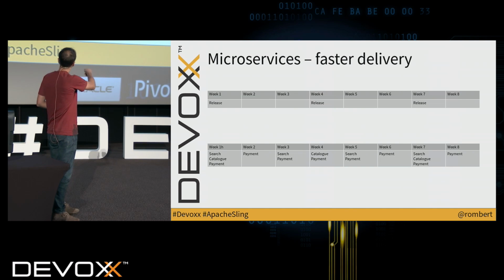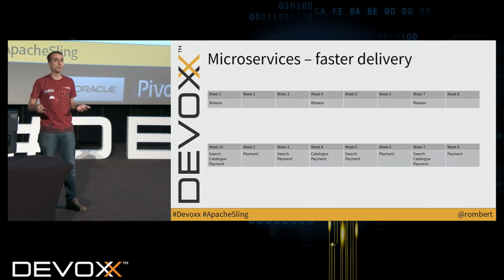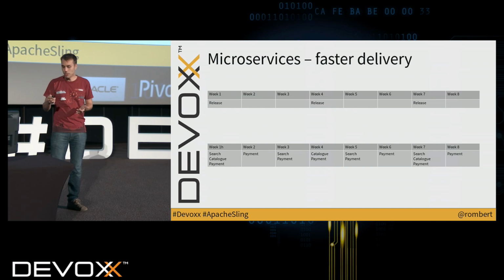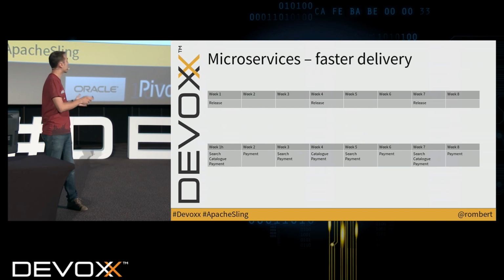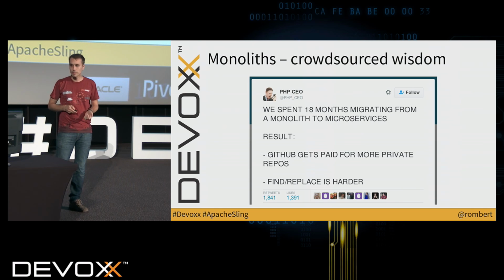So you can see that the catalog team was actually the one that was doing the releases every 3 weeks, while other teams were able to deploy much more often. So by going the route of microservices, you actually get to deliver faster. Not more, but faster. You get the changes to your clients much faster, which is good.